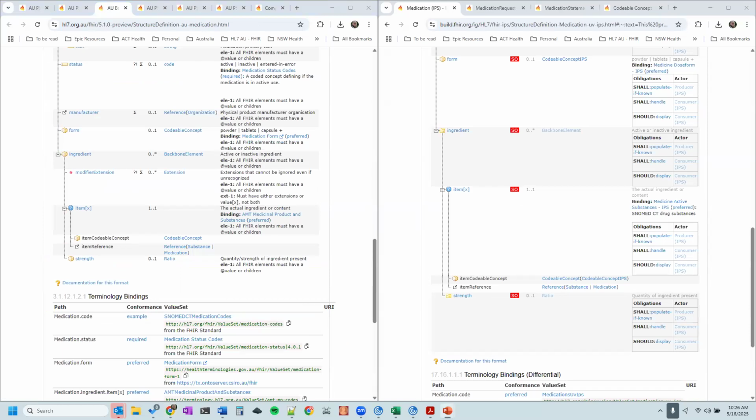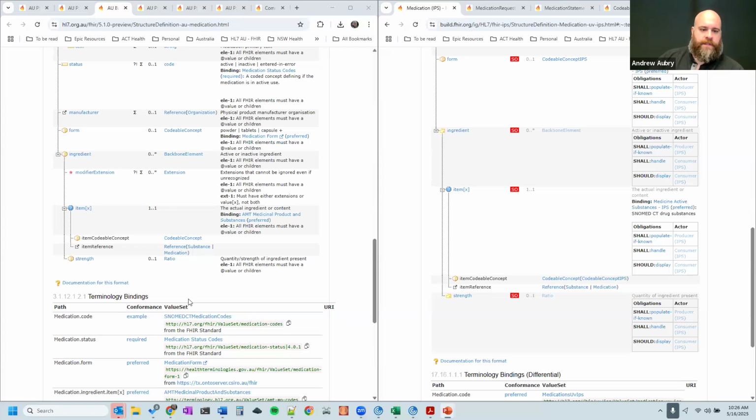Yeah, and that value set itself, that's a SNOMED value set for IPS. Yeah, SNOMED CT. Okay, so it sounds like there's a question that we can take away as co-chairs: because there's a preferred binding set in base medication, should that not override the IPS preferred binding set for item?